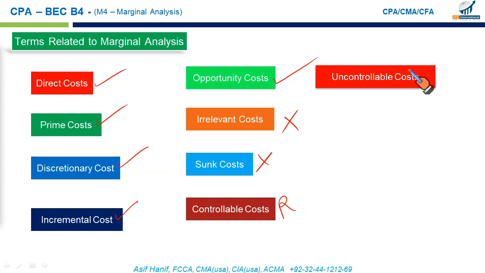For example, we have a plant manager. He is the one responsible for production. So he can control material and supplies. They are controllable to him. But the cost at which the plant was originally purchased, the depreciation of the plant, the insurance of property, plant and equipment in his production facility, are not controllable by him. He cannot influence these costs.